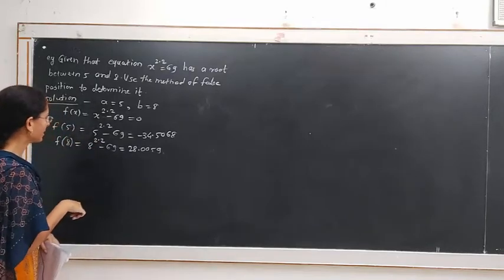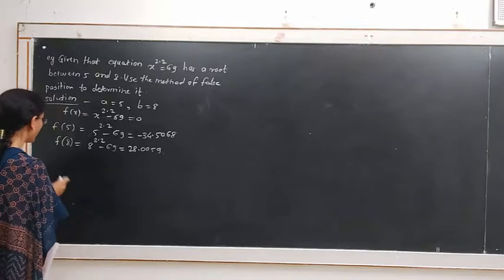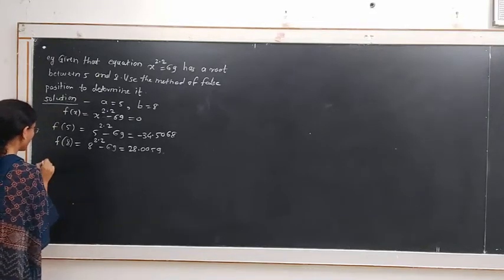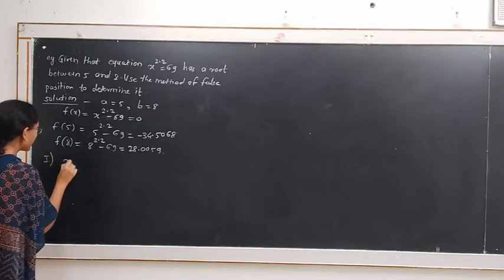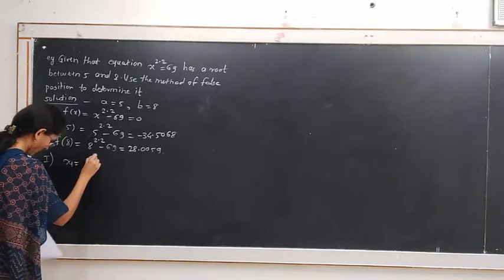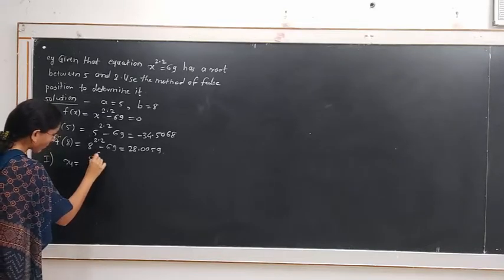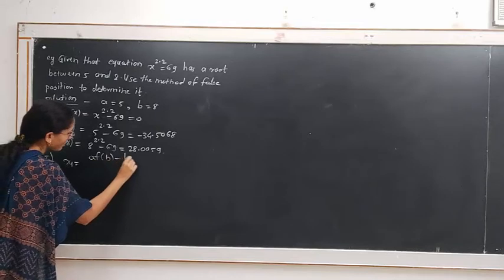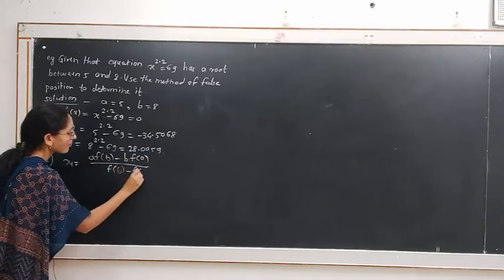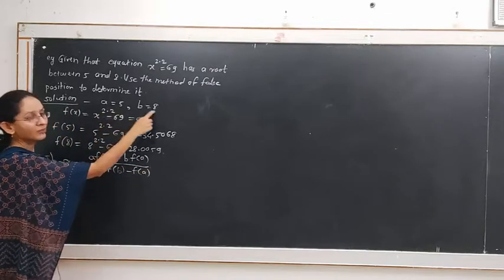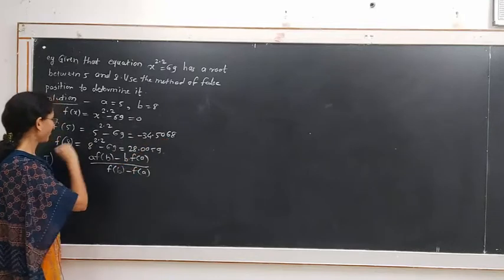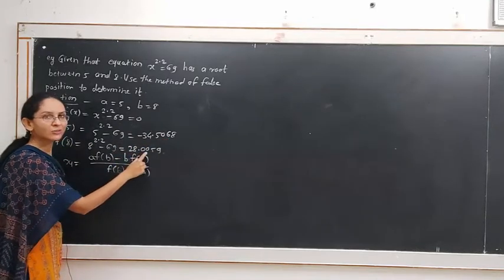Now in the regula falsi method, consider the first iteration. x1 is equal to, the formula is a into f of b minus b into f of a upon f of b minus f of a. Our a value is 5, b value is 8. f of a value is minus 34.5068 and f of b value is 28.0059.